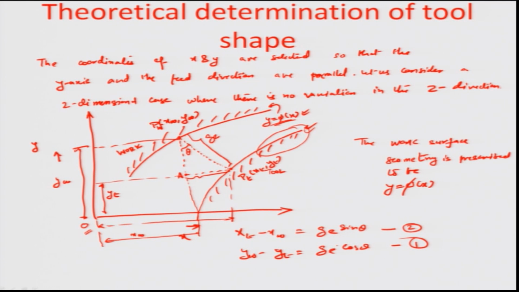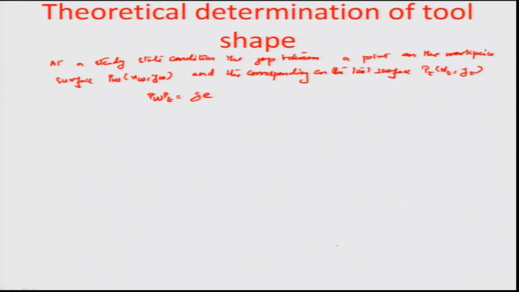So, we have equation 1 as y w minus y t equals G cos theta, and equation 2 as x t minus x w equals G sin theta.